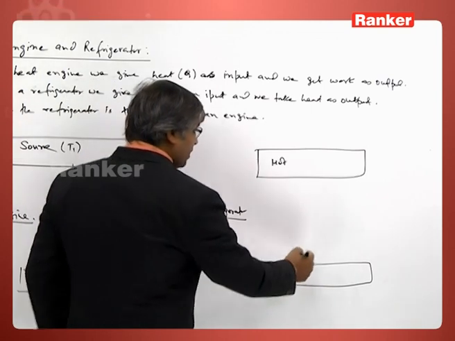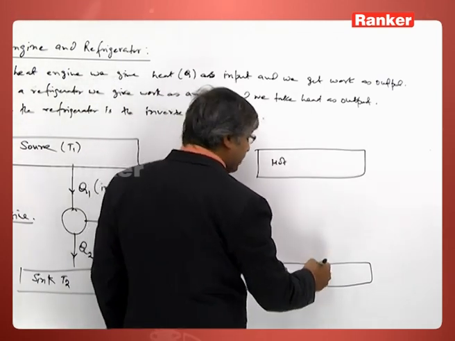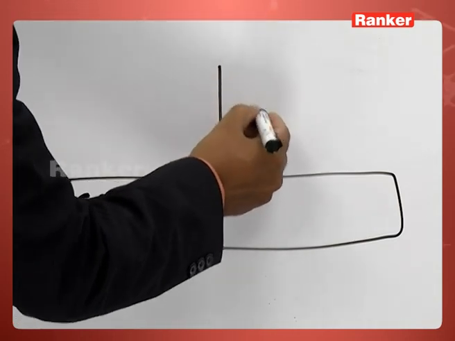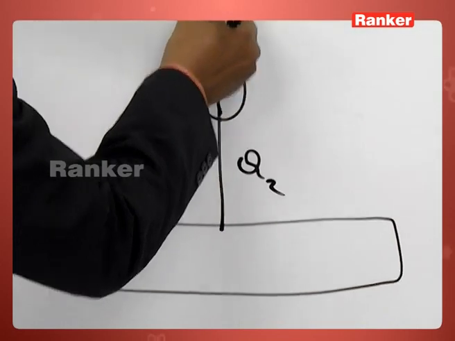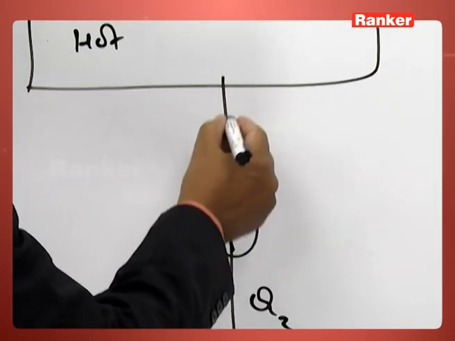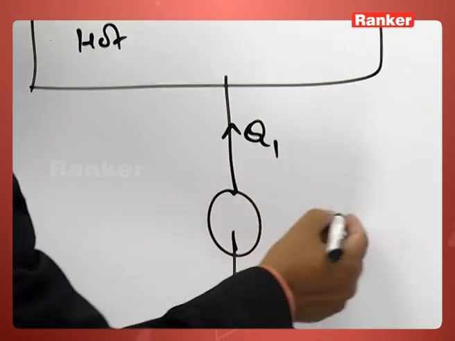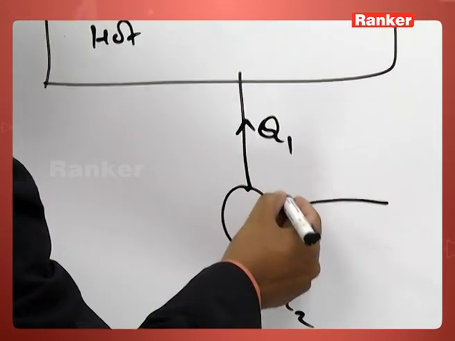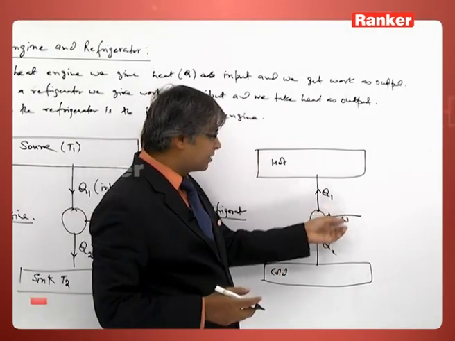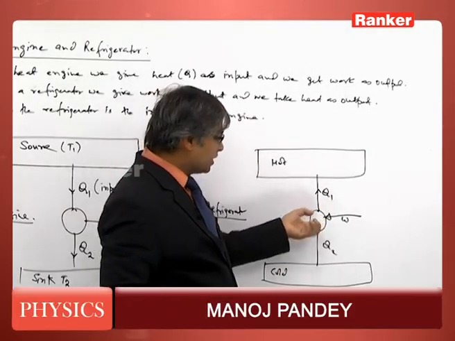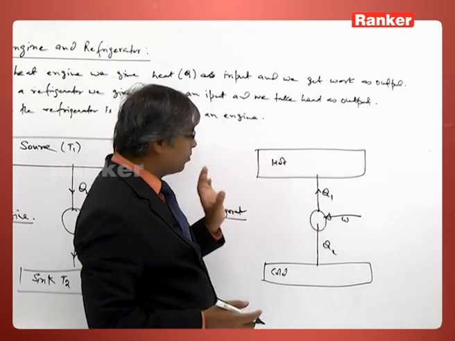The cold reservoir is the foodstuff in a refrigerator which has to be made further cool. So it takes some energy Q2 and rejects it to the hot reservoir as Q1. In order to do this, it takes work from the outside. So with the help of work from outside, that is the electrical power it uses, it takes heat from the cold reservoir and sends it to the hot reservoir.